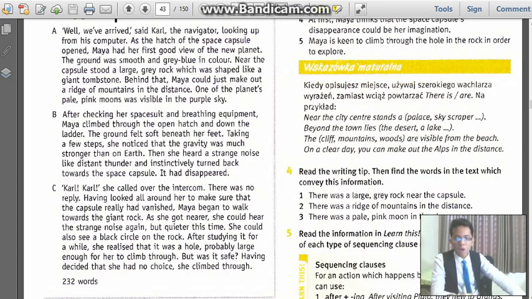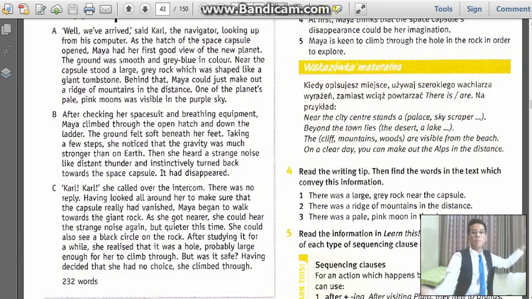Now, number 2, 'there was a ridge of mountains in the distance'. Kind of boring, but find in the text a more interesting expression. Yeah, it is the part about a ridge of mountains: 'Behind that, Maya could just make out a ridge of mountains in the distance.' So the sentence would be more interesting to read, right? Now for the last sentence, 'there was a pale pink moon in the sky.' Oh, 'One of the planet's pale pink moons was visible in the purple sky.'